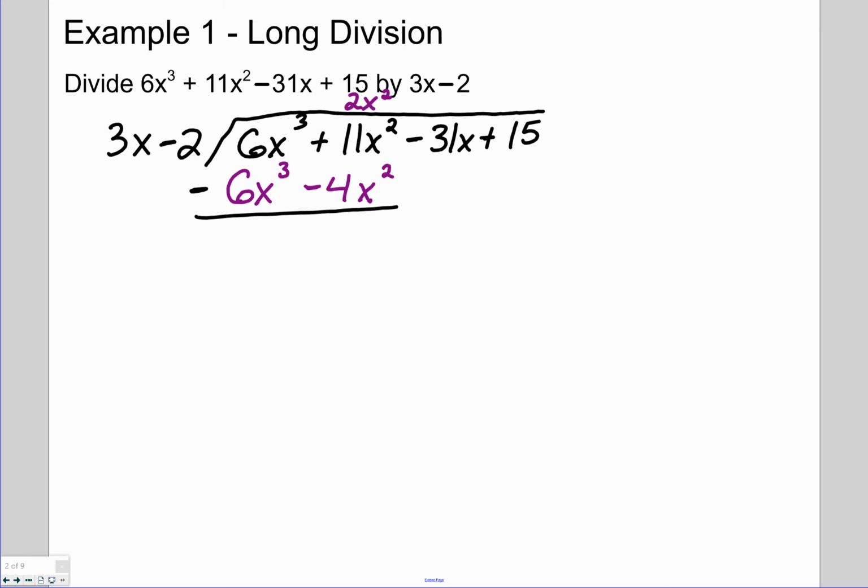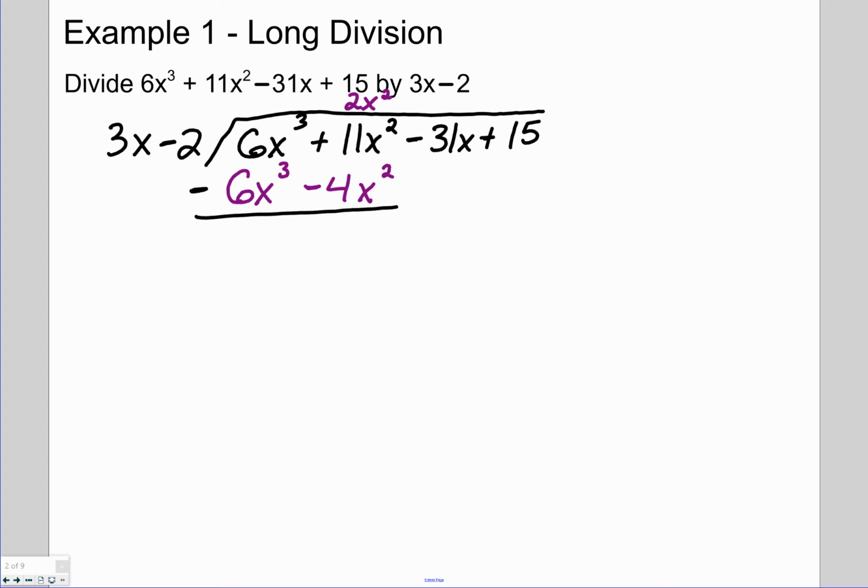How did I get the negative 4? So this 2x squared has to multiply by both terms in the divisor. So I multiplied it by both terms in the divisor, and in purple have what happens when you multiply. All right, now that should be 0, right? 6x cubed minus 6x cubed should be 0 every time. Every time you do this, that should be 0.